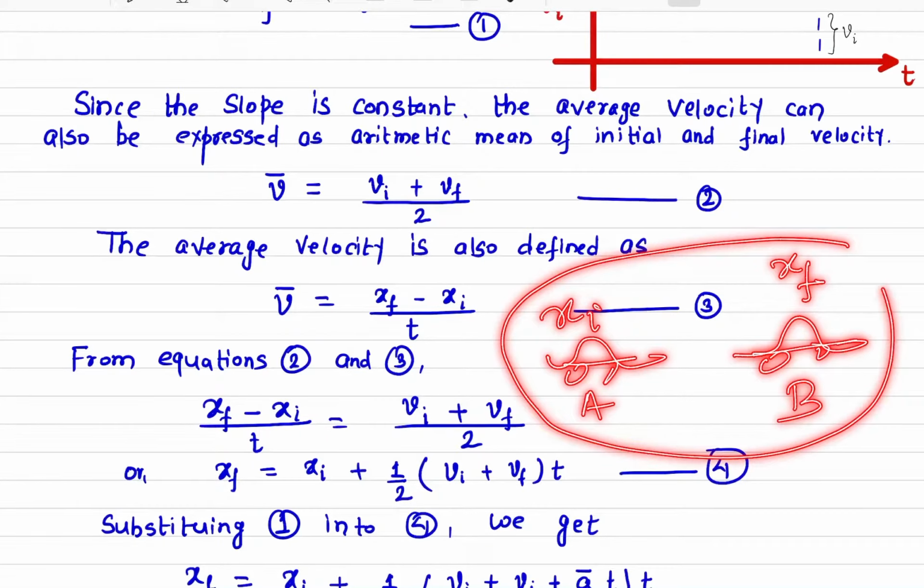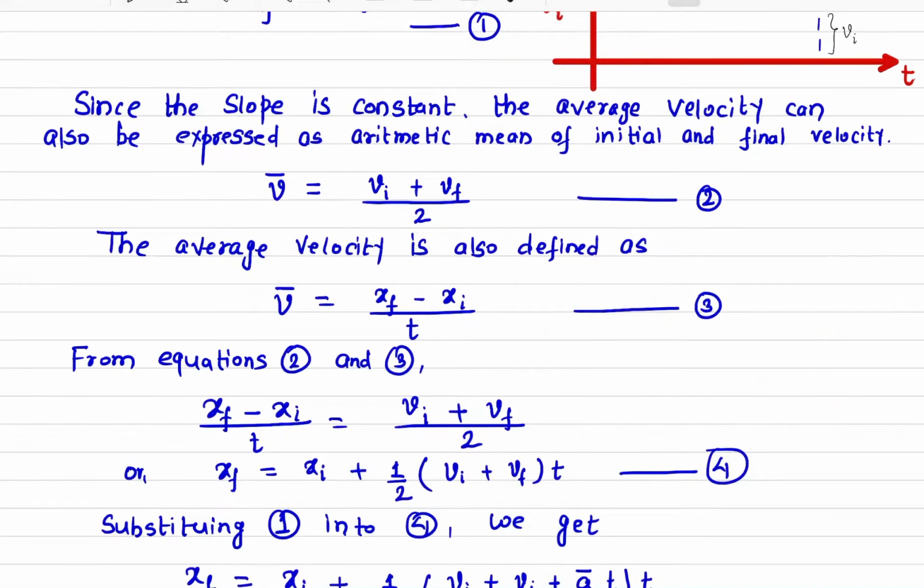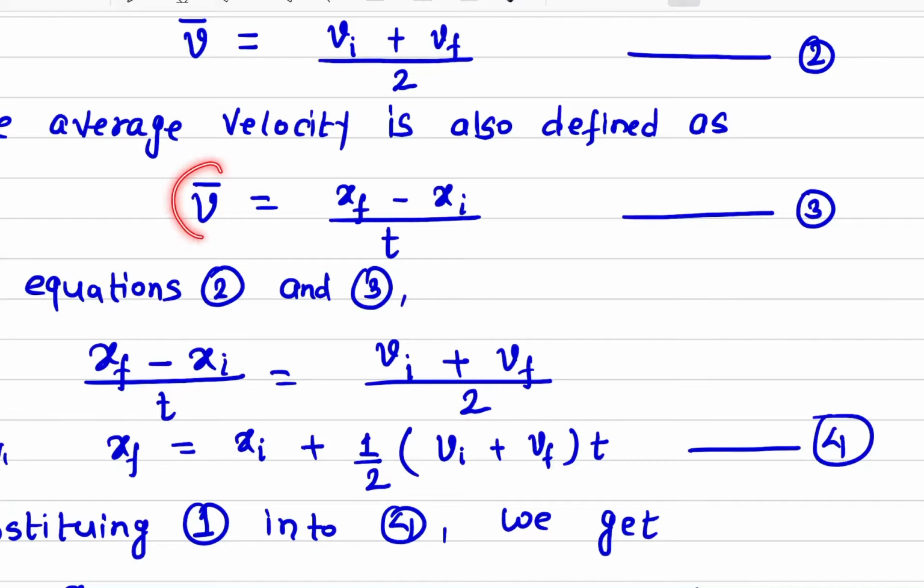The average velocity is defined as the final position minus the initial position, that we call the displacement, divided by the time.